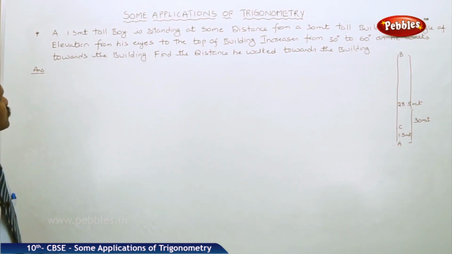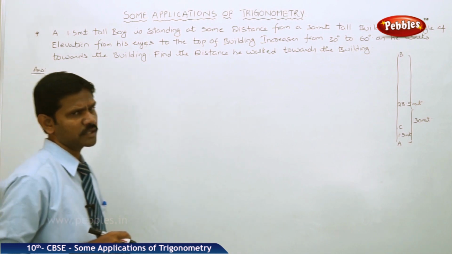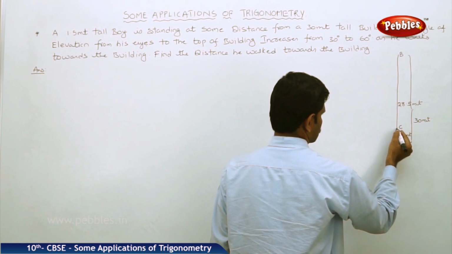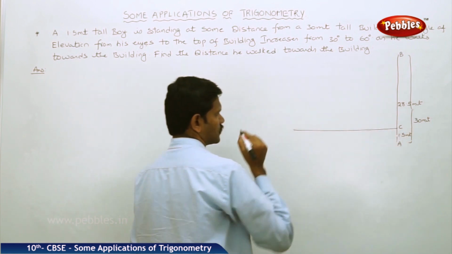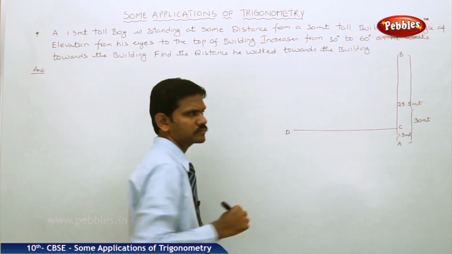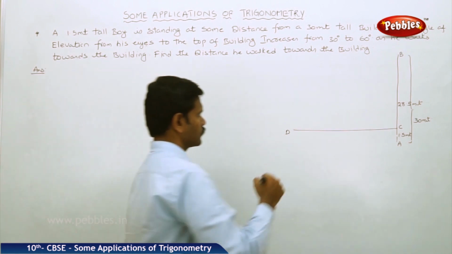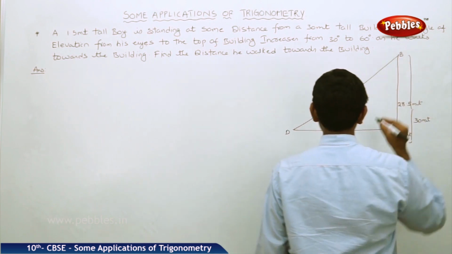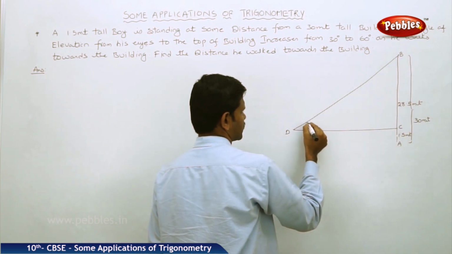Now the angle of elevation from his eyes to the top of the building increases from 30 to 60 degrees. That is, he is at a certain point. At the very beginning, from this point to the top of the building is 30 degrees.